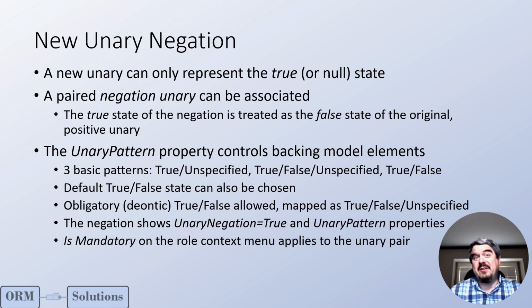If you flip is mandatory on the context role, it will make the unary fact type negatable. It'll add the negation, and it will flip on the mandatory. After that, if you toggle, you'll just change the constraint state. If you want to get rid of the negation altogether, you have to use the unary pattern property. Unary pattern is actually what's controlling. The other ones just set that property.